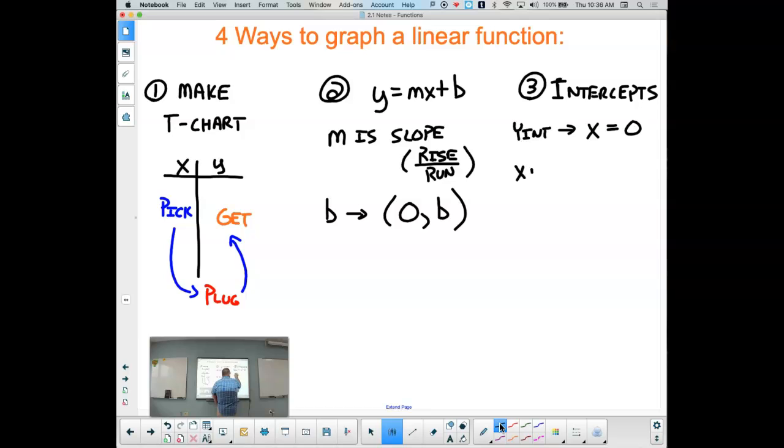The x-intercept is where y is equal to 0, or in this case, where f of x is equal to 0. Okay. And so you would plug that in, and then you would solve for x, and that would give you 2 points to graph your line.